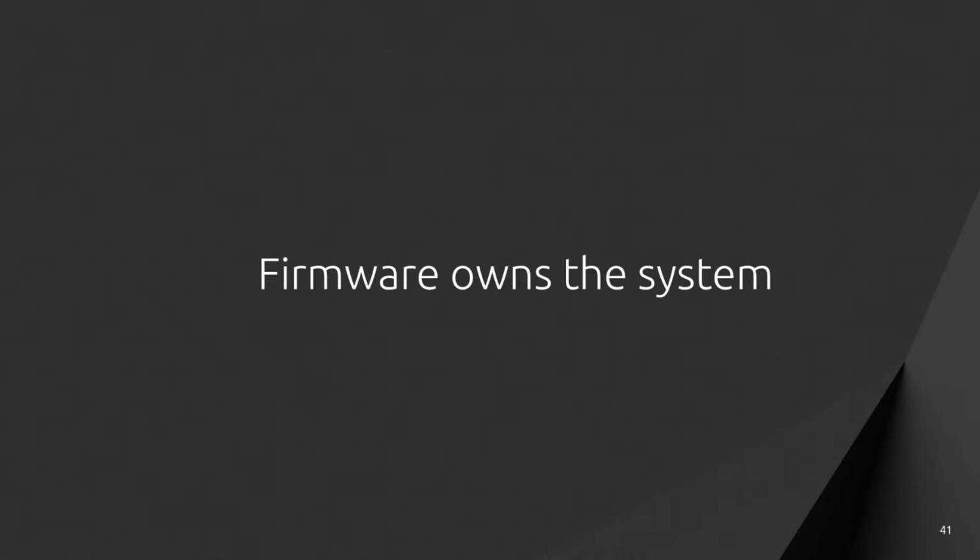And the firmware is the one which controls the world view that it exposes to the operating system effectively. So it can be there and it can hide its own behavior from the operating system and the applications.